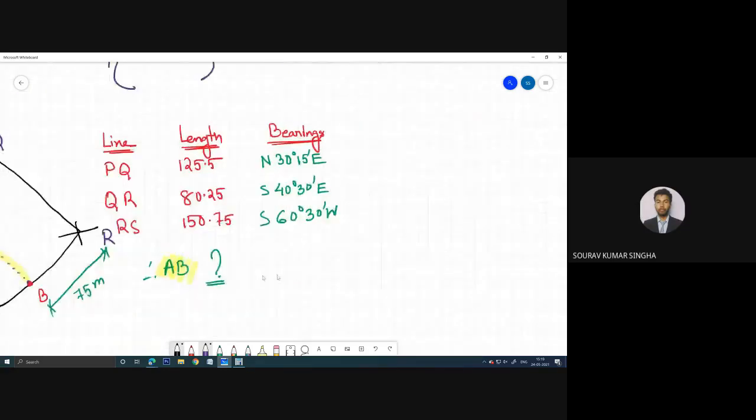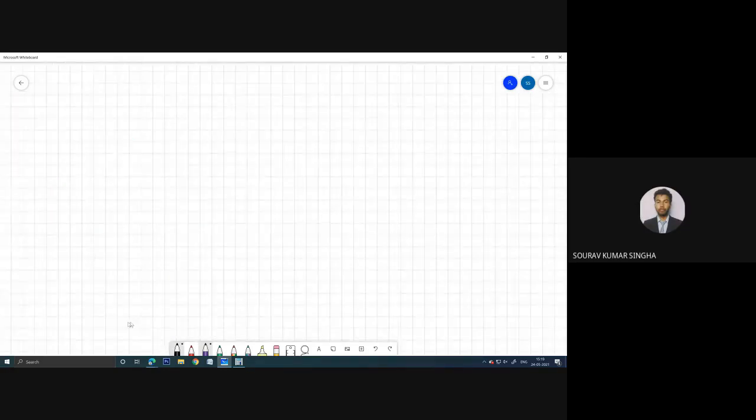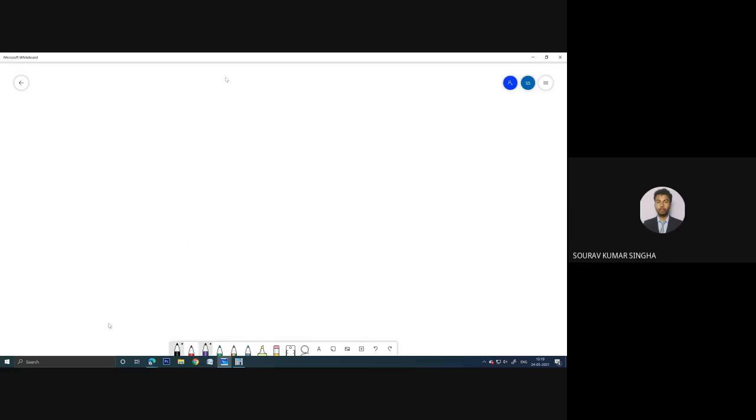If you just compare with the first day's numerical, what we have done, we have started with the traverse, something like this. Suppose this is A, this is B, this is C, this is D, this is E, and this is E dash, very close.